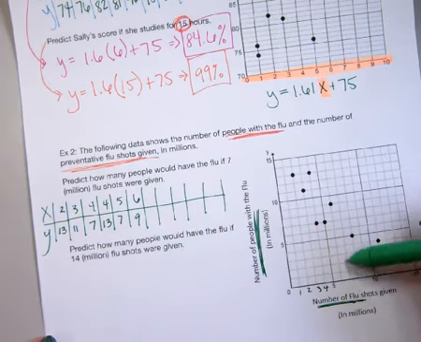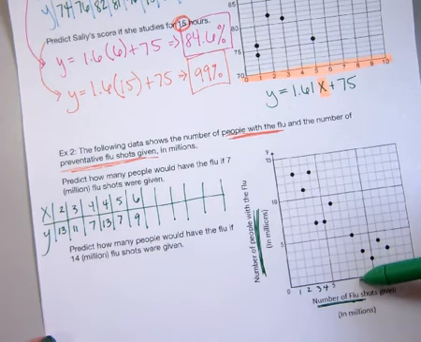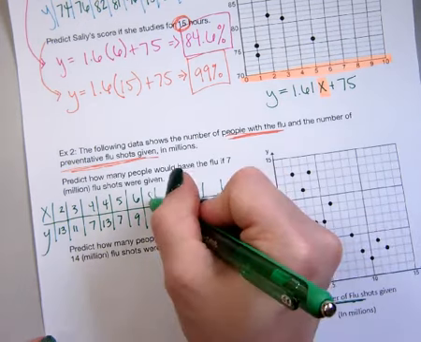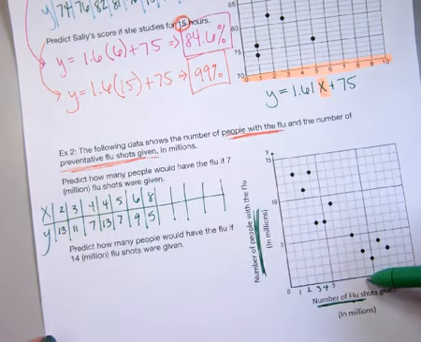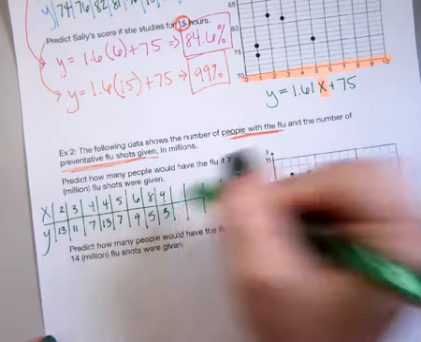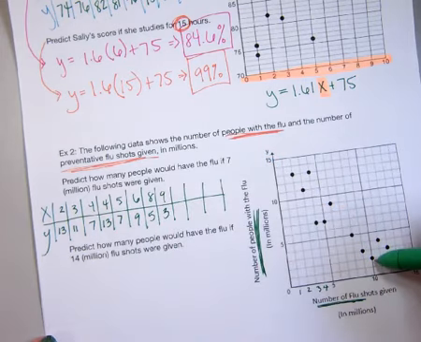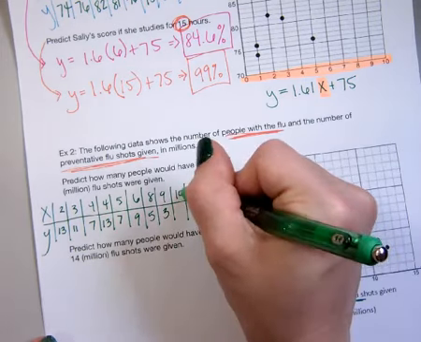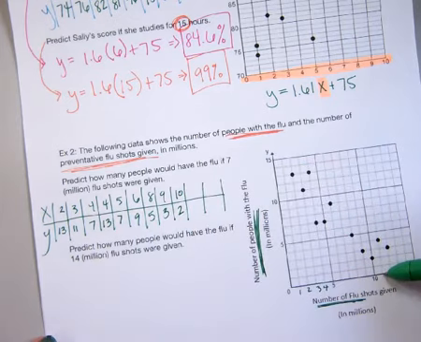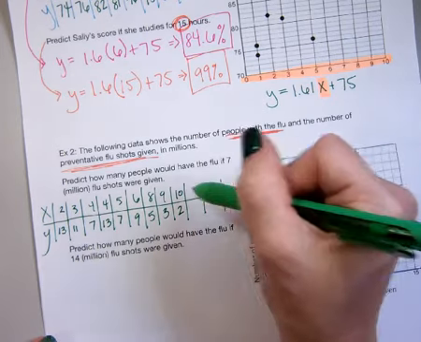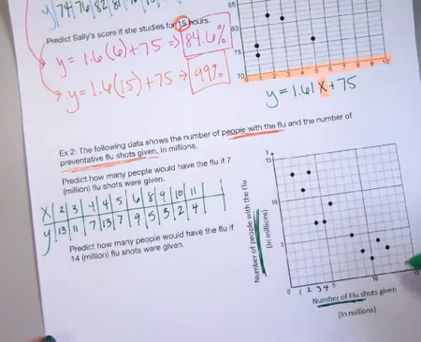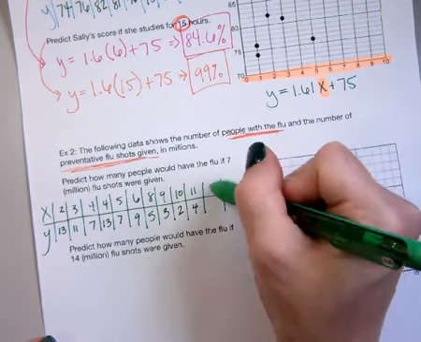7 doesn't have any, right? Hence they're asking us. (8, 5). (9, 3). (10, 2). (11, 4). (12, 3).